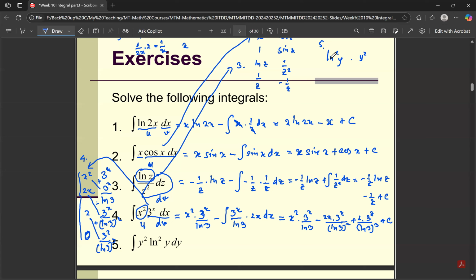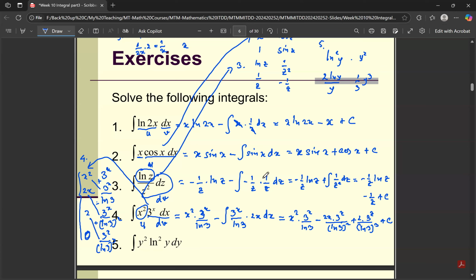We derive and have 2 ln y, and integrating y squared gives 1 over 3 y cubed.